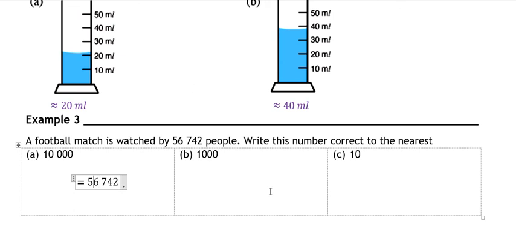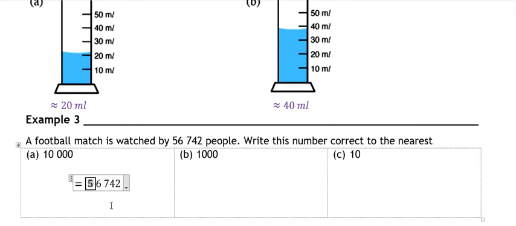Now here I will guide you. When you are trying to approximate numbers correct to the nearest 10,000, first of all, you pick a target for which you are rounding off to. So this is 10,000. So I will put a box around the number 5, because that's the one that you're going to round off. And then when you look at the number 5, you have to look at the digit next to it, on the right side of 5, which is 6.